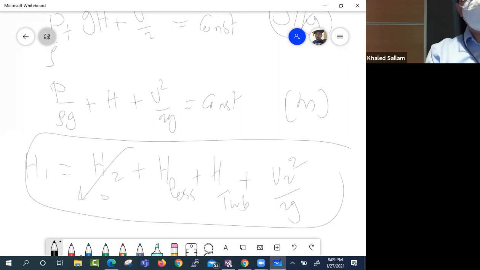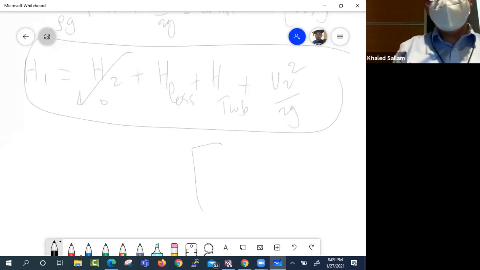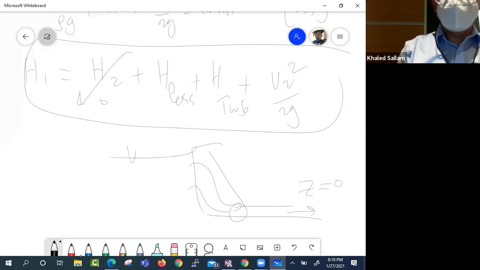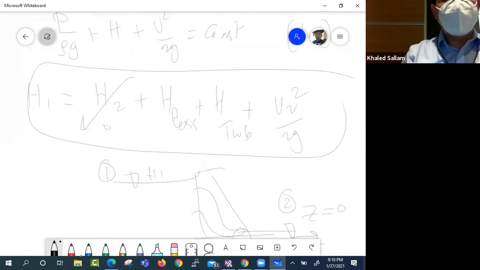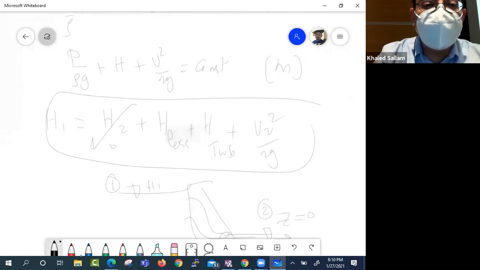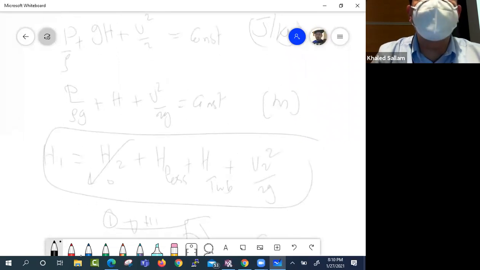Okay, and H2 will go to 0 if you choose that the dam exit over here is at z equals 0. So if you choose this to be z equals 0, here's 0.1 and here's 0.2, and you tell yourself, well, this is h1 and this h2 is 0. Make sense? So you can write Bernoulli equation in joule per kilogram, or you can write it in meter.